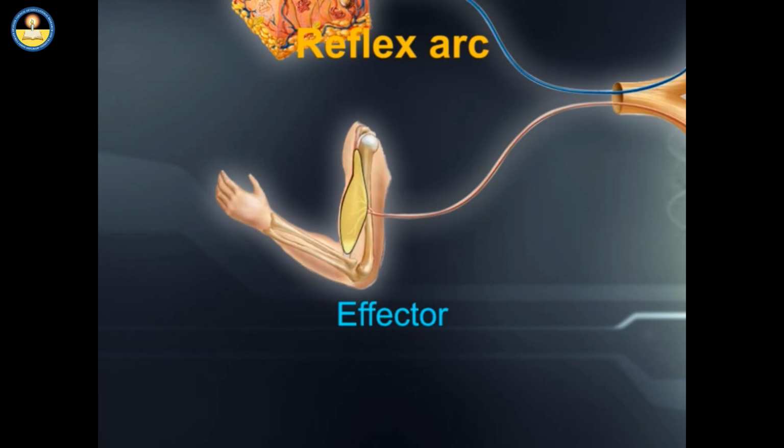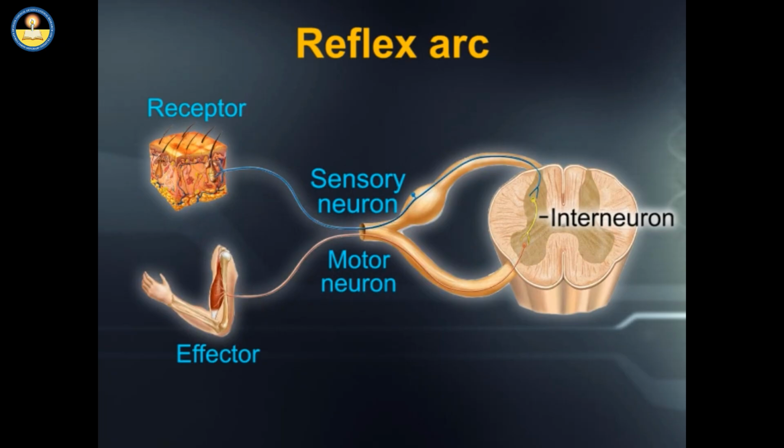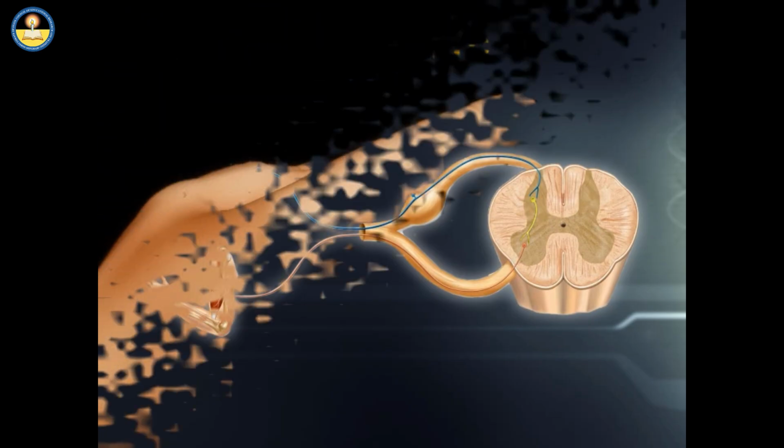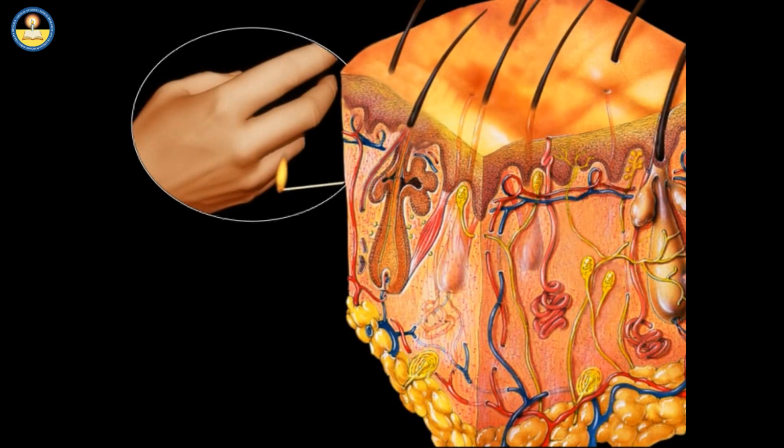A group of cells which receives the impulse through the motor neuron and can respond to the impulse. The response initiated by the effector organ is known as a reflex action.